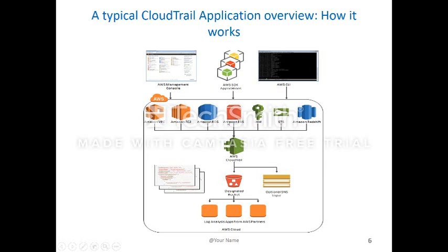When these calls are made, CloudTrail constantly records the activities in log files, which can then be stored in an S3 bucket, or subscribed to an SNS topic. And you can fetch or view the log files from the bucket, or you can subscribe to those topics and monitor the log files.